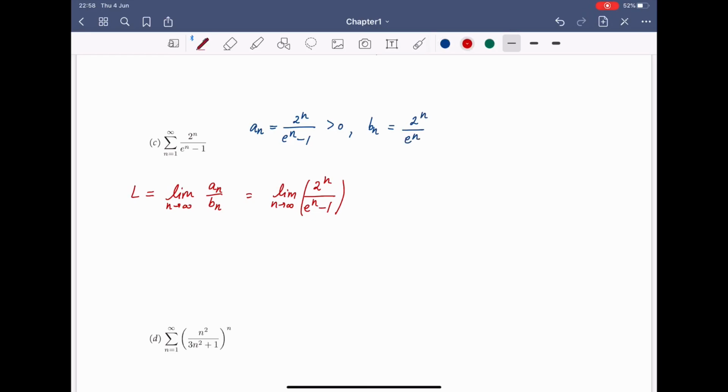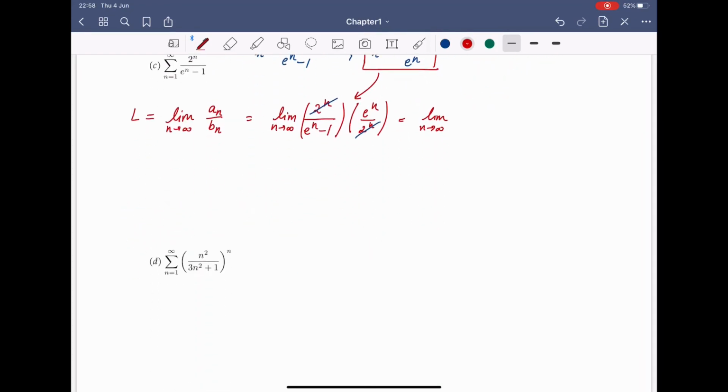So when I have a_n over b_n, I'm going to have 2 to the n over e to the n minus 1 times e to the n over 2 to the n. The reason why I pick b_n like this is because I want to balance things when I compute the limit. You can see that 2 to the n cancels, and after that I have the limit of e to the n.